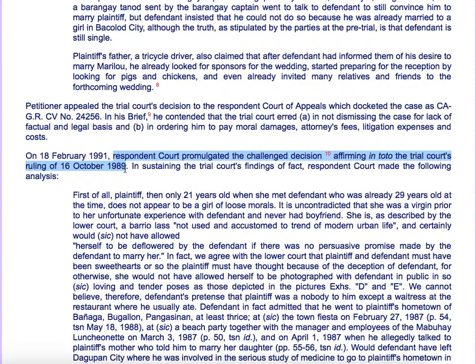Ano ibig sabihin ng in toto? Again, Google nyo, but for now, it means everything. Affirmed everything. So the CA basically told Gashem Shukat Baksh when he appealed to the CA, your petition is completely wrong and whatever the RTC stated, tama lahat yun.